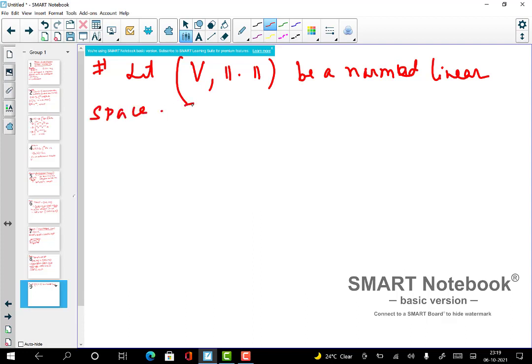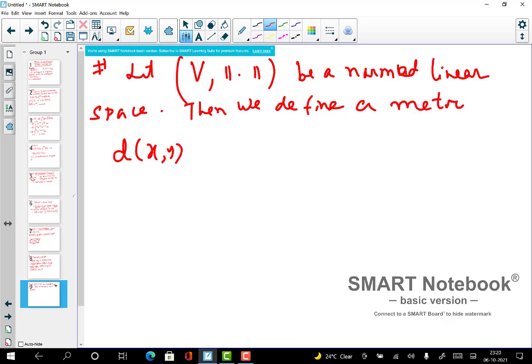Okay, then you can define something called a metric. So we'll call d(x,y) the metric. This metric is the norm of x minus y.